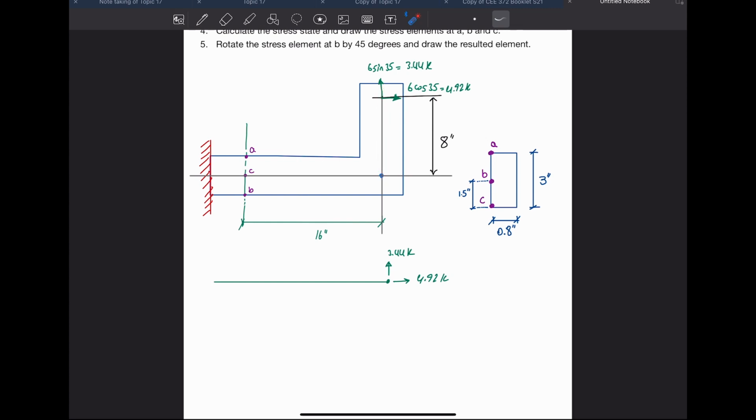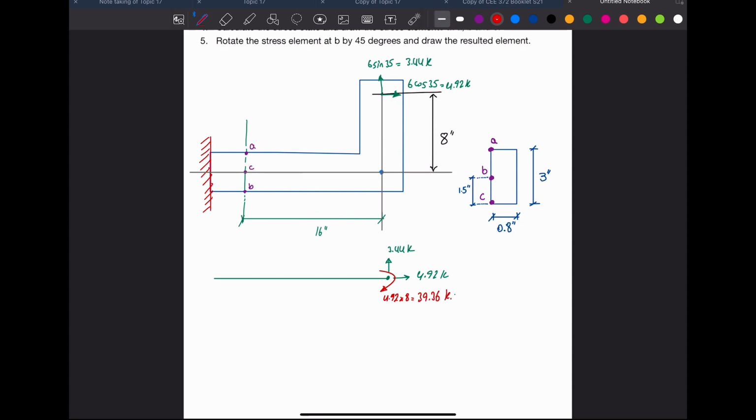So I do have a bending moment, and I will draw the bending moment in the way that we used to draw. I will draw the curve that is warping through the beam, and then I either have to draw the arrow above or below, and I will draw it below because that's how the 4.92 is rotating about this point. So the bending moment is going to be 4.92 times 8, and I'm getting 39.36 kip inch.